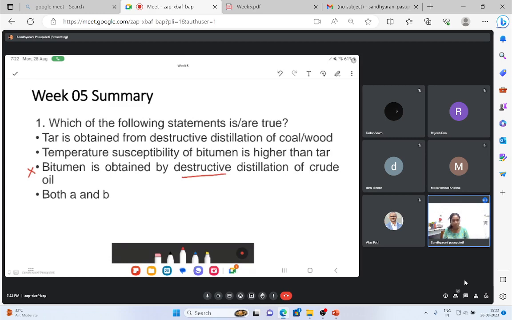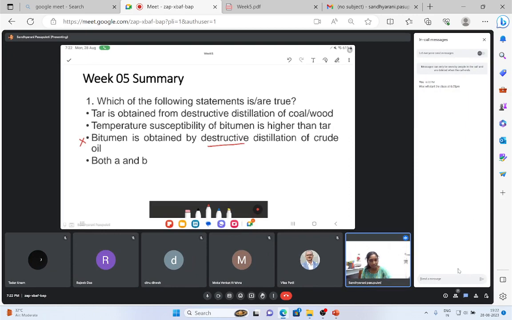So what could be the expected answer? Anyone? You can type in the chat box. Let us say this is A, B, C, D. Is the temperature susceptibility of bitumen higher than tar or not? If B is correct, then it will be both A and B. If B is wrong, the option will be only A. Yes, you can type in the chat box.